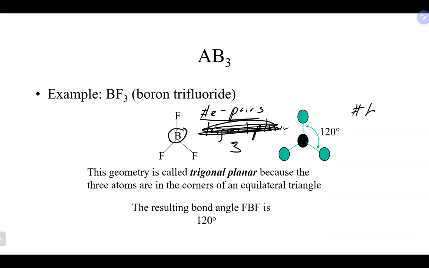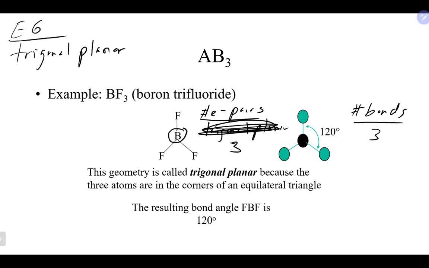Number of bonds in this case is also 3. So the electron geometry for something that has 3 electron pairs is trigonal planar. This is also sometimes referred to as triangular. Now, once again, what happens in this case is we have an extra bond in there.